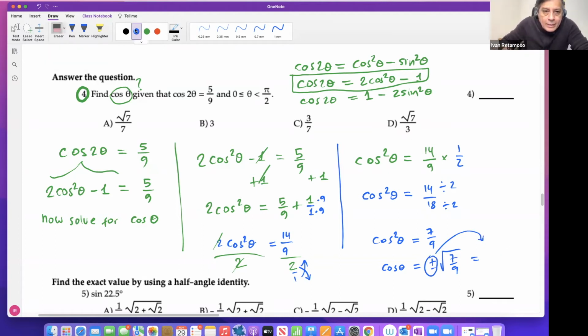Well, this will be the square root of 7 over 3, the square root of 9 being 3. But for the sign, they say that theta is between 0 and pi/2. Then theta is in Q1, Quadrant 1, so it should be positive. So then we get this, and this is it, right?